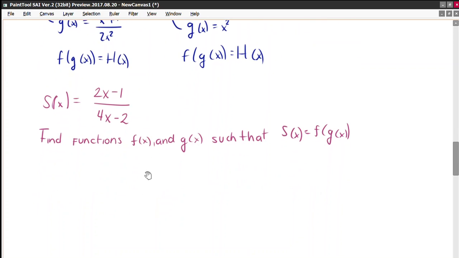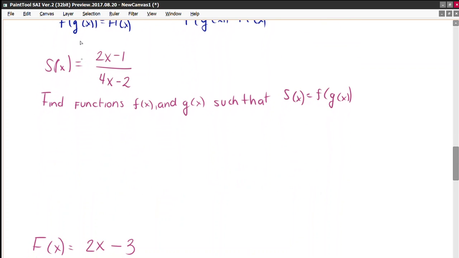Another example. For this function, the big picture function is a radical function. Now, this can be a little bit trickier because, for instance, you could say, oh, my big function could be 2x minus 1 over 4x minus 2, such that g of x should be x.